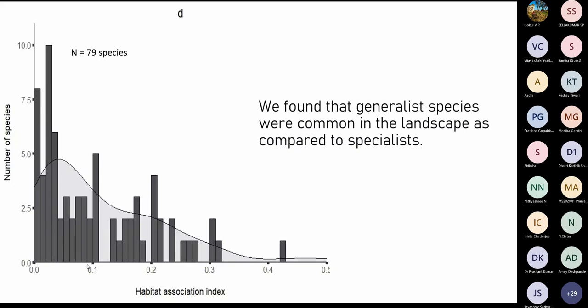But some species were very strongly associated with certain kinds of habitats, and these species are specialists, which might be the species of interest from a conservation point of view. So in our landscape, at least, generalist species were common as compared to specialists.